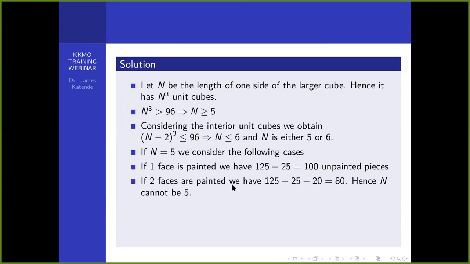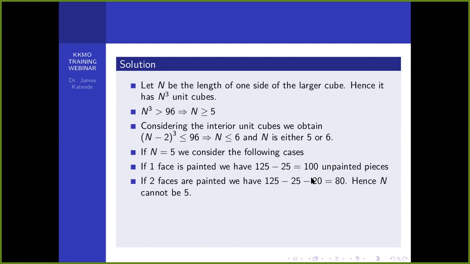If two faces are painted, then we'll have 100 minus something, and the smallest number that you can deduct is 20. So you pick an adjacent side of the larger cube to take off 20. The reason you take off 20 is because 5 of them were already painted, since these two faces are adjacent.